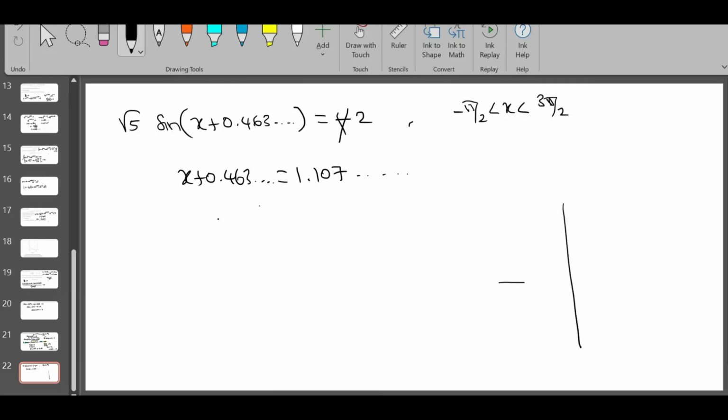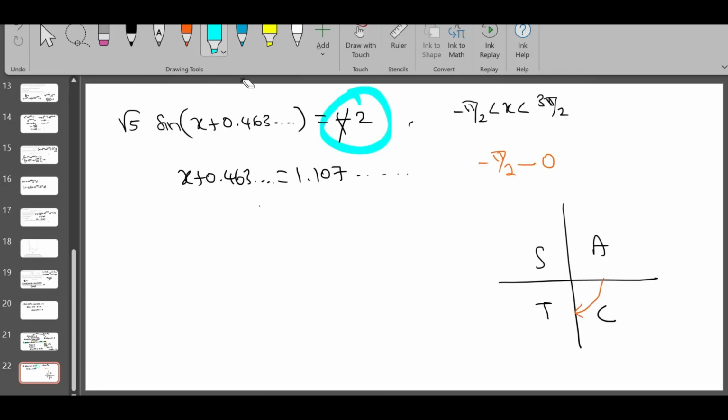Now let's use the ASTC diagram. I split the limits into minus pi over 2 to 0 first. That's this limit. We need to find the quadrant where sine theta is negative, right? Now we need to consider the negative sign. So this is negative, where the angle is minus theta. So x plus 0.463 dot dot dot is negative theta, where theta is the principal value.